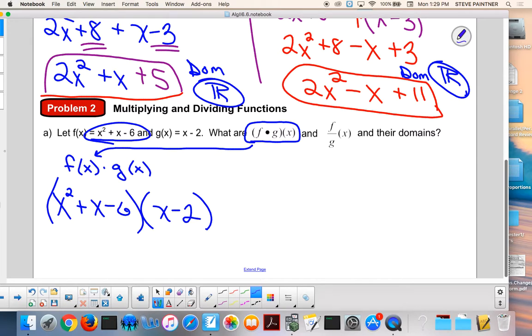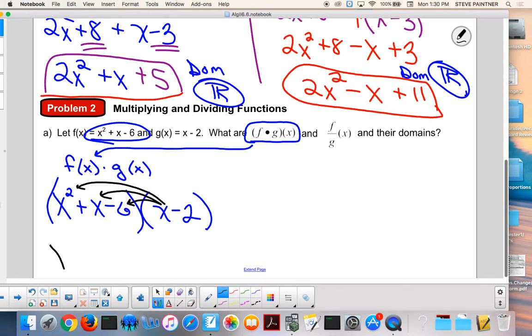Now John uses the word FOIL. FOIL really goes with binomial times binomial. Distribute. Yeah, the better word would be distribute, but you can say the word FOIL. I get what you mean. And I usually start with the binomial, and then I multiply it times the trinomial. So it's this, this, and this, right?